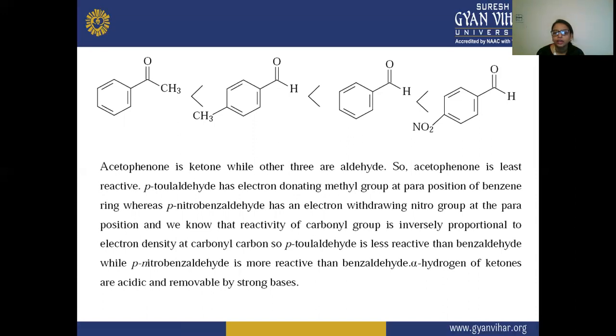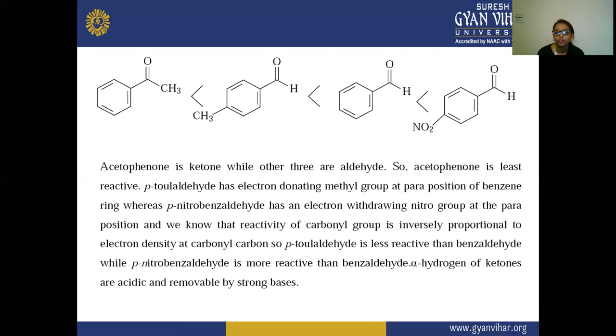We know that the reactivity of the carbonyl group is inversely proportional to the electron density at the carbonyl carbon. So p-tolualdehyde is less reactive than benzaldehyde, while p-nitrobenzaldehyde is more reactive than benzaldehyde.